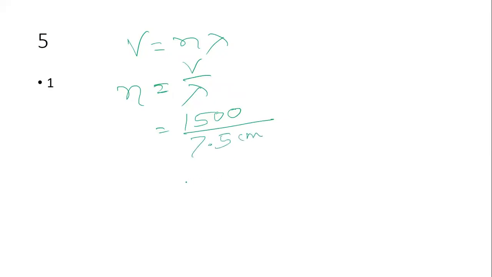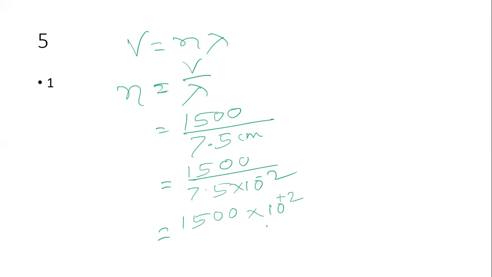If we take this in meters, then the wavelength becomes 7.5 into 10 raised to minus 2 meter. So we can write this as 1500 into 10 raised to plus 2 divided by 7.5.